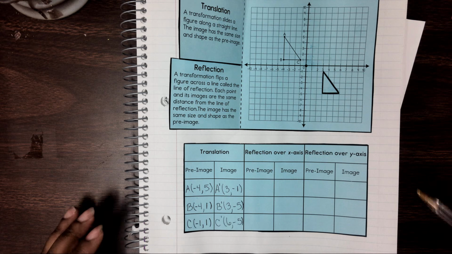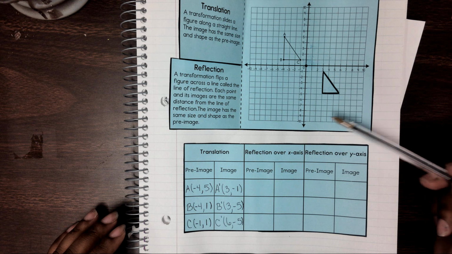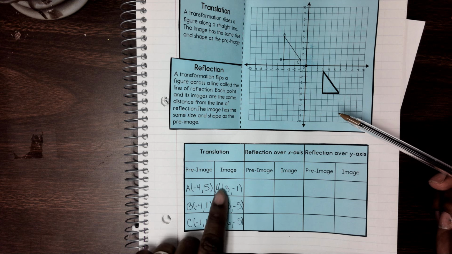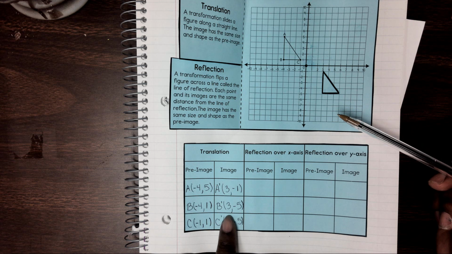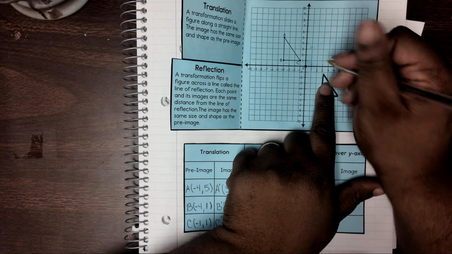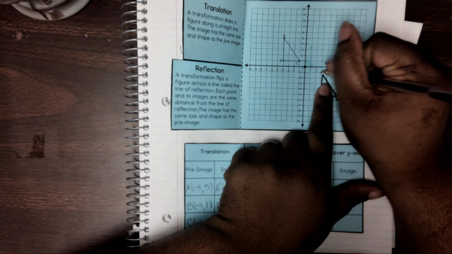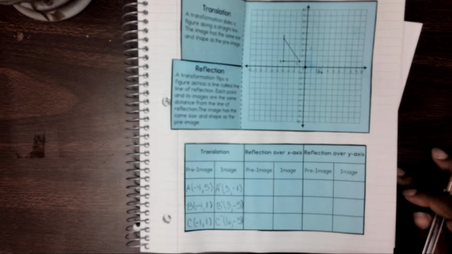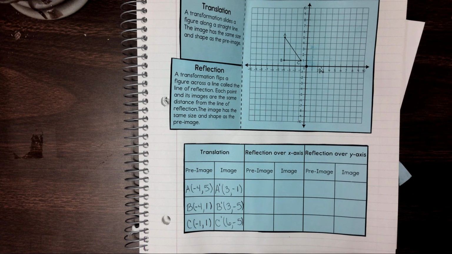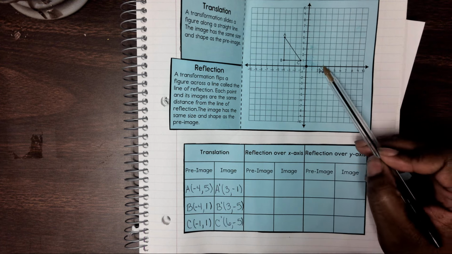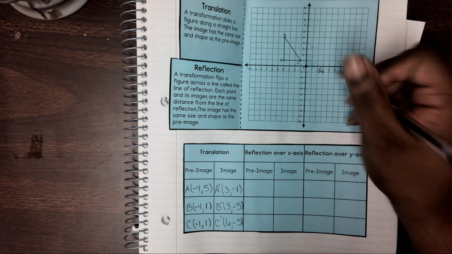So as we've actually moved the figure, okay, I do want to make sure that we plot our points, okay? So we are going to plot our new points, and we are going to label them. Do not forget, you must label your points. So again, I'm going to move this, and I know that I'm going to plot my point here. I'm going to label this A prime. B prime, according to my table, is at a positive 3, negative 5.